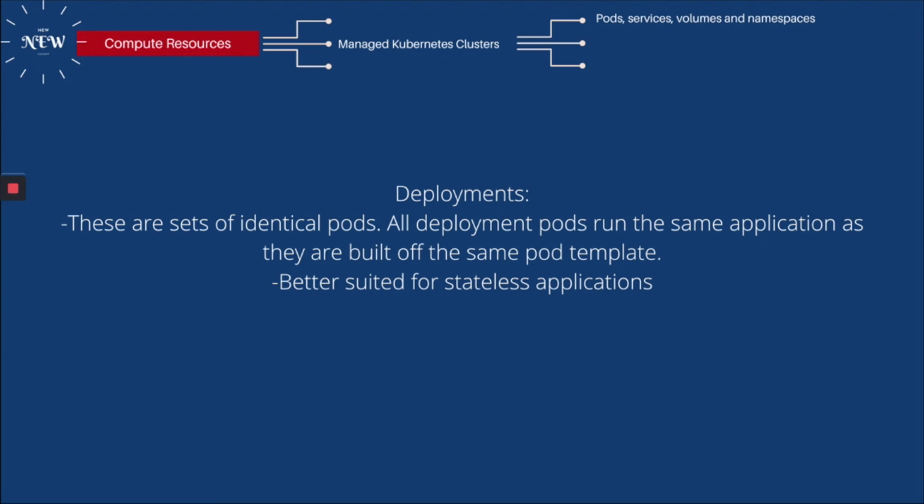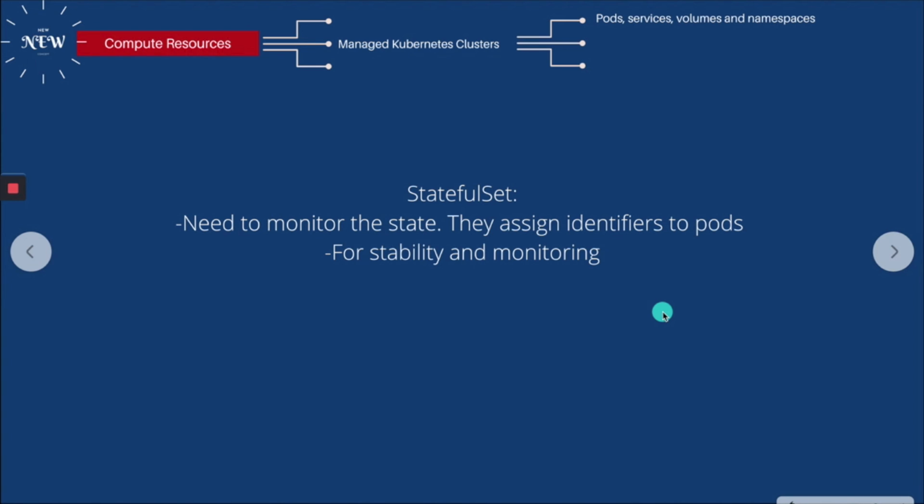These are definitely better suited for stateless applications where you don't care what the state of the application is. Opposite to that, we have stateful applications. This is where you need to monitor the state. You assign identifiers to pods for stability and monitoring, and then you have to know what state each pod is in to make sure that you always have the highest availability.